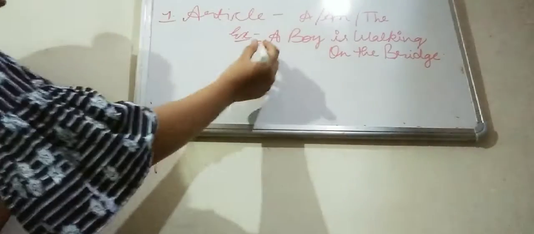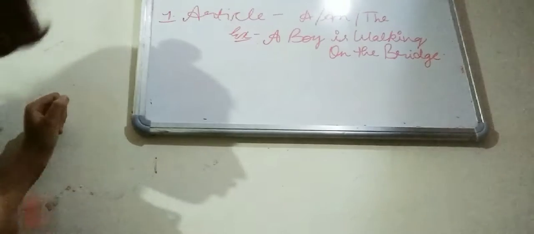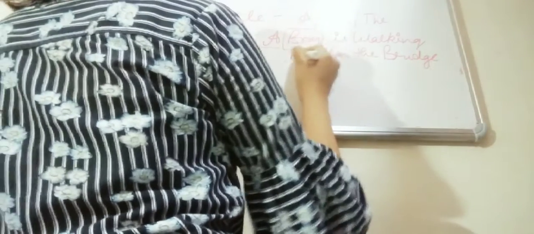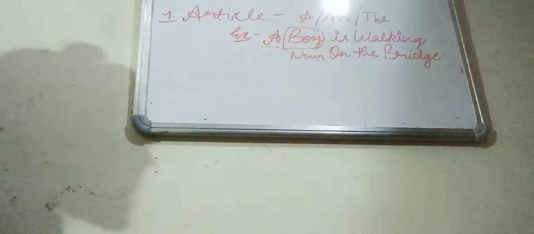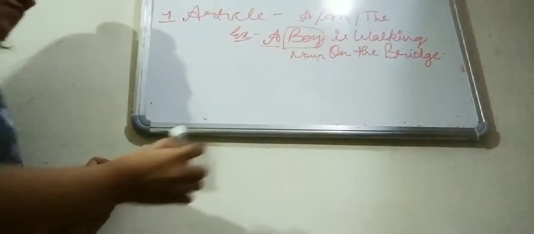So in this sentence, as I have told you earlier, a is a determiner and boy is a noun. The word which clarifies the noun is called a determiner. So boy is a noun and a is a determiner.